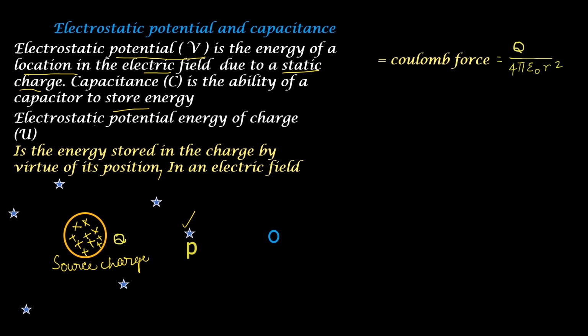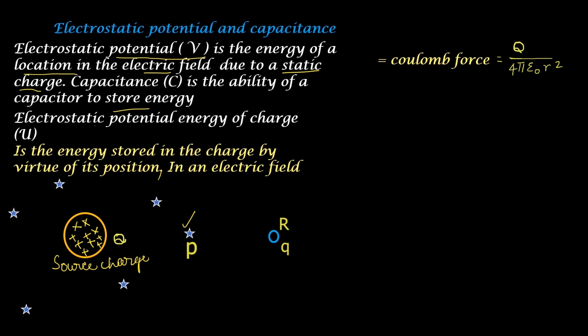Assume a test charge Q having the like charge is present at a location away from this location P. Let us mark that location as R. There will be an electric field at location R also, but it will be less than that at P. When the charge is at R, then also the charge will possess a certain energy due to that location.